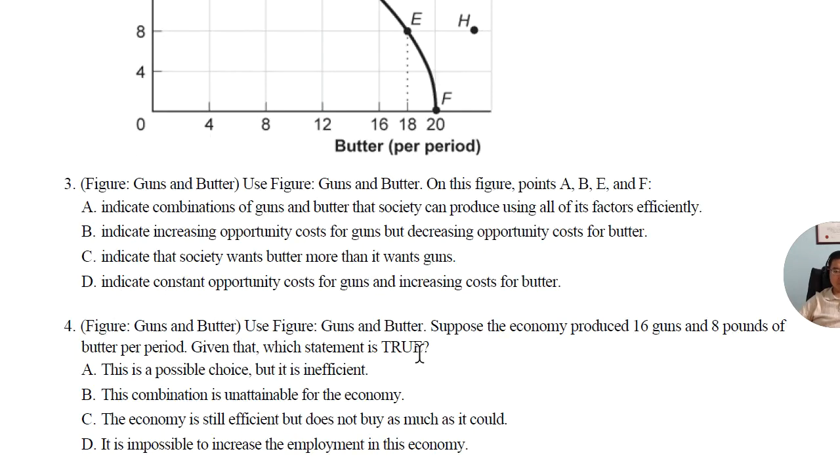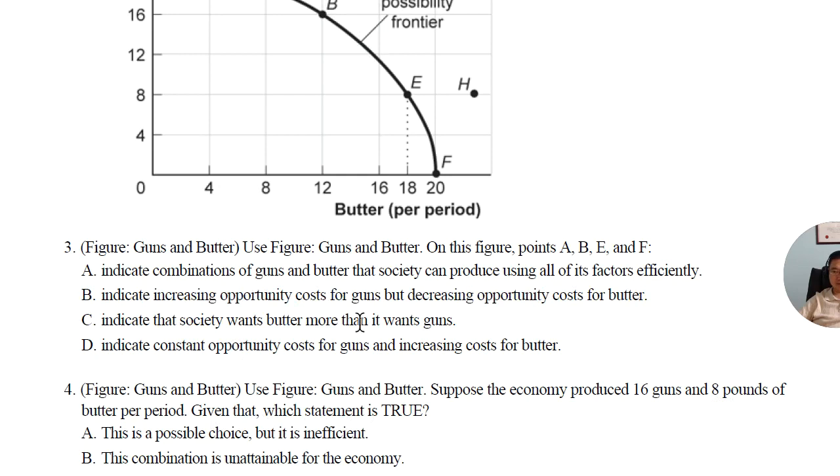Now look at question 4, still using this guns and butter figure. Suppose the economy produced 16 guns and 8 pounds of butter per period. Alright, let's find that out. 16 guns, okay, 16 is this region. 8 pounds of butter is this area, right?